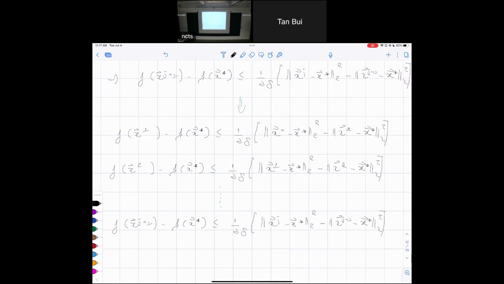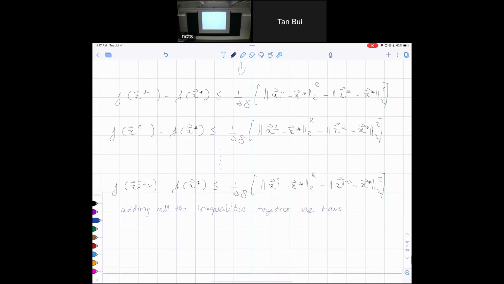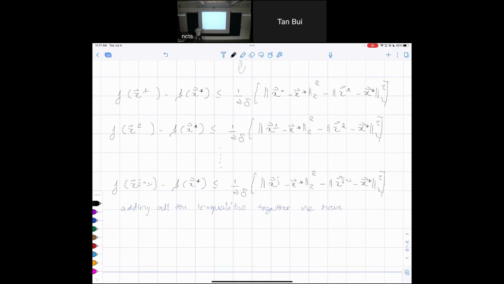So now adding the inequalities together, we have that on the left hand side, actually the right hand side is clear, right? The left hand side, you see that we have a sum of these. We have a sum of everybody's.